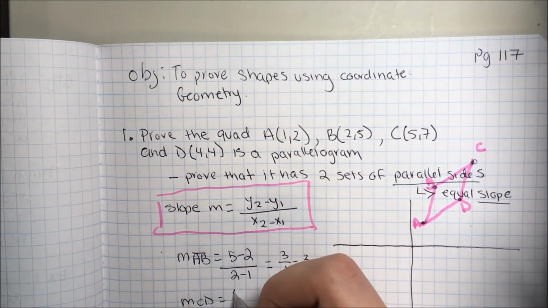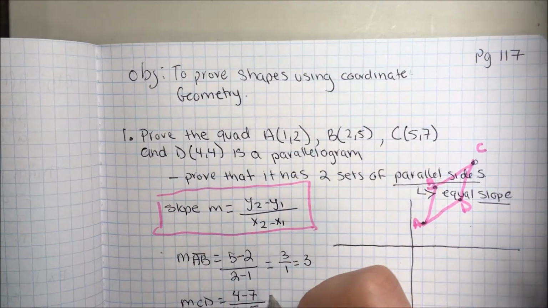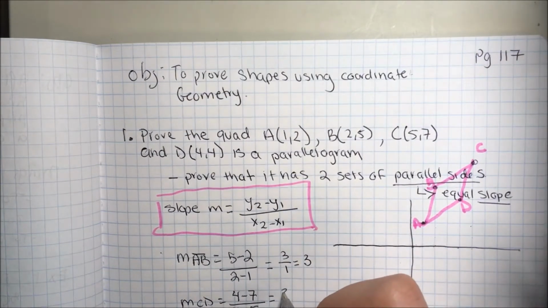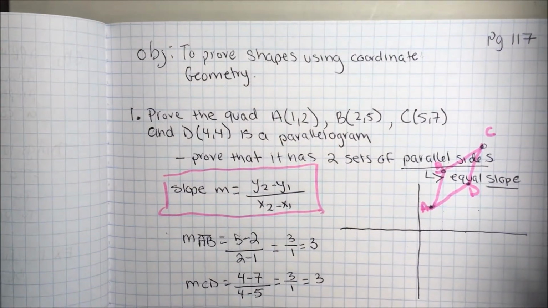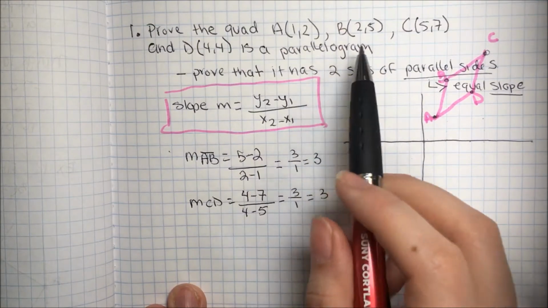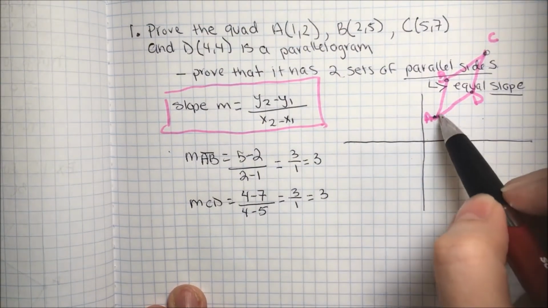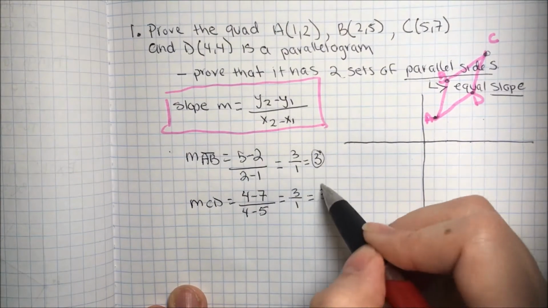So we have 4 minus 7 over 4 minus 5. And this gives us 3 over 1, which is 3. So we still need to prove that 2 sets of parallel sides. So we have that AB and CD are parallel because they have the same slopes.